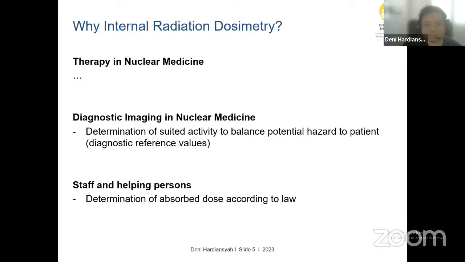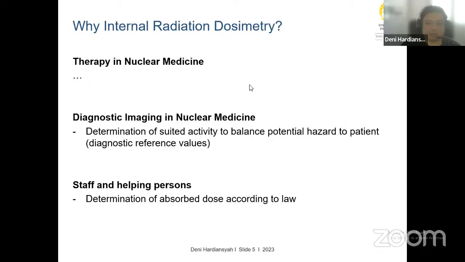What is the benefit of doing this? First, for the therapy, we should know why we need to calculate the radiation absorbed dose for any type of radiation therapy. I believe we already know. Can anyone give me a comment?